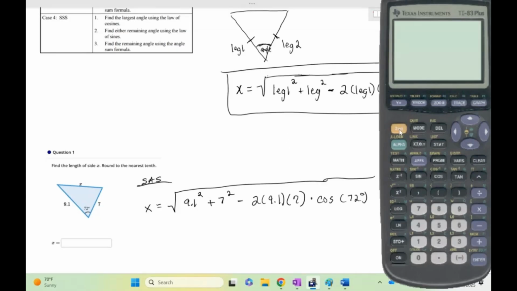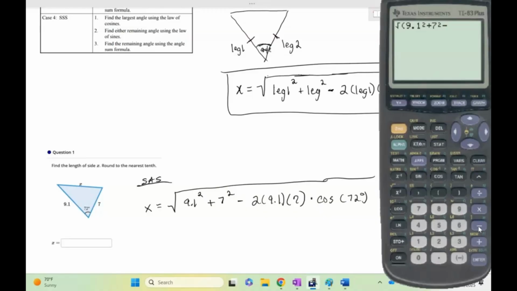So I'm going to put in the square root, and notice that it gives me a begin parenthesis. I'm going to put in 9.1 squared plus 7 squared minus, and for the multiplication, I'm not going to use parentheses.